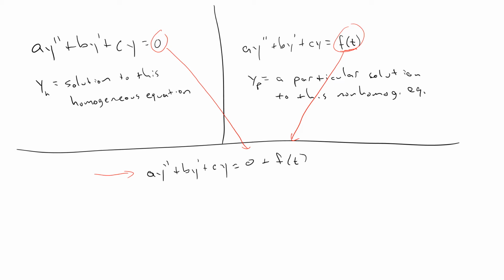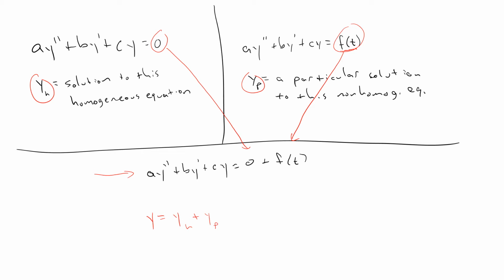If the right hand side is a combination of the right hand sides from those two equations, then I can write down a solution to this thing. The solution to this is going to be a combination of the solutions to those other two equations. So it's just yh plus yp.